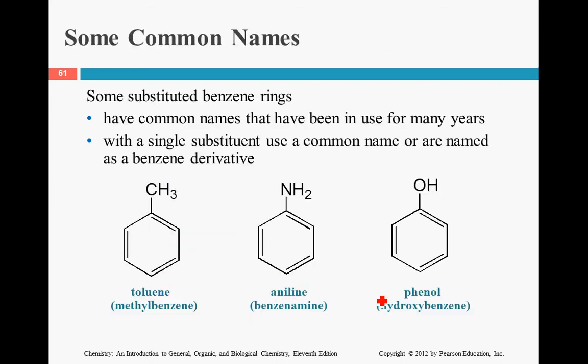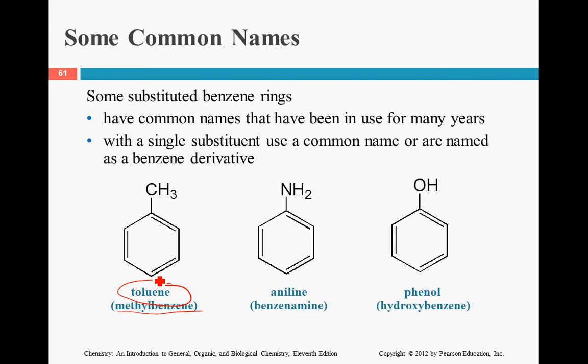However, there are some that have common names, meaning that these are just ones that you have to memorize and then add to. For instance, this is the methylbenzene that we just saw. This was common for many, many years, and so therefore they kept the name toluene.